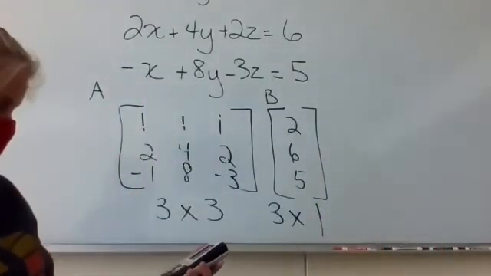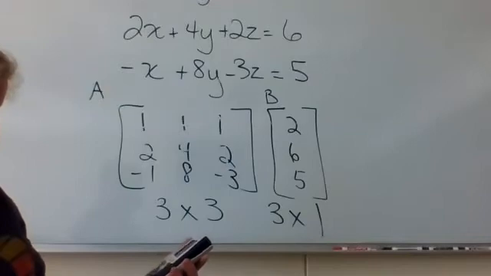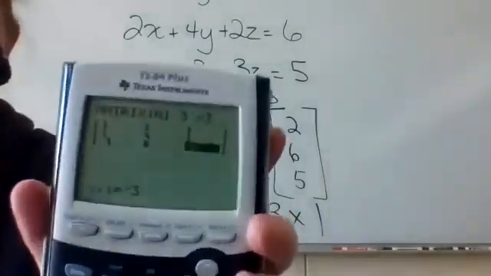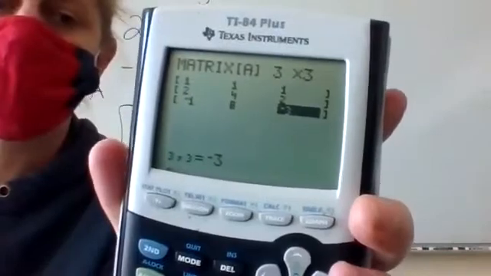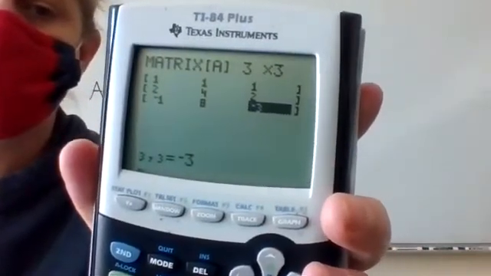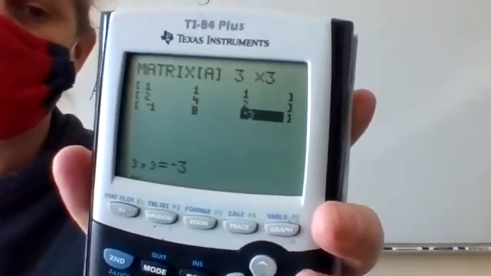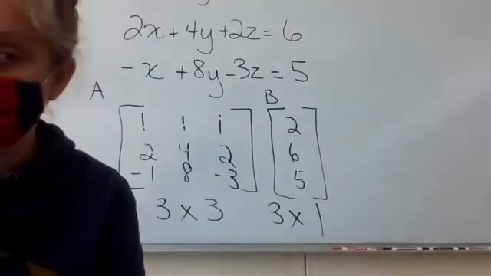And the last row will be -1, enter, 8, enter, -3, enter. So double check, make sure all your numbers are correct. 1, 1, 1, 2, 4, 2, -1, 8, -3.